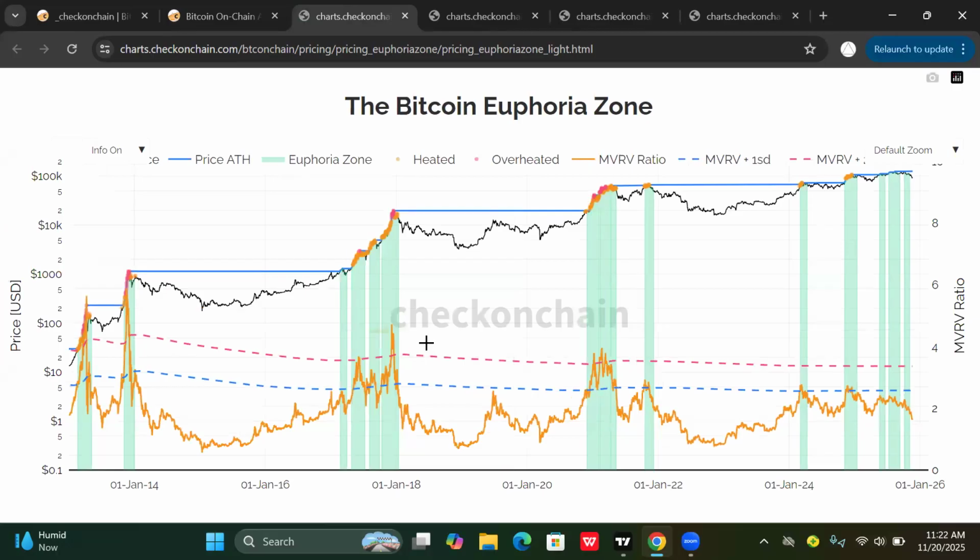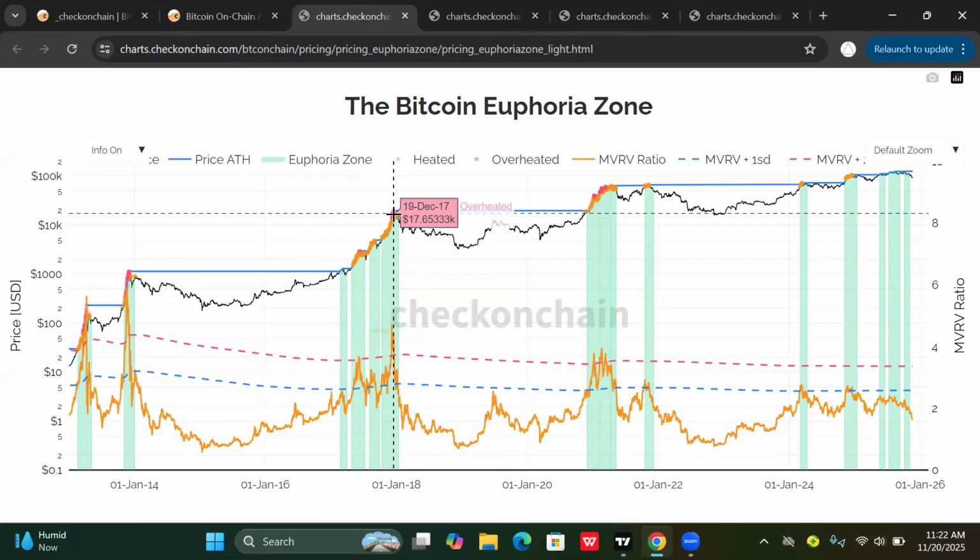Bitcoin's euphoria. So the market is still within bullish territory from what I'm seeing.